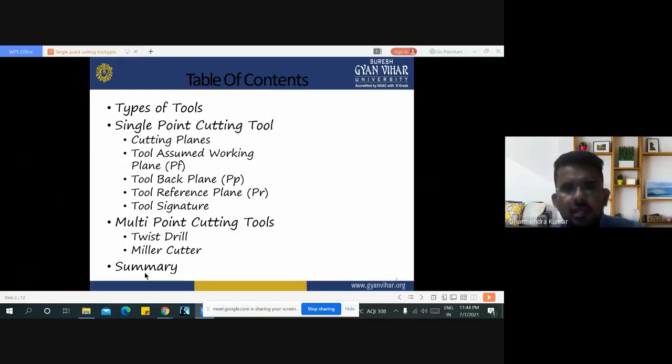In the single point cutting tool we will see the cutting plane, tool working plane, tool back plane, tool reference plane, and the tool signature. And in the second video we will discuss multi-point cutting tools like the twist drill and milling cutter. These two types of multi-point cutting tool we will discuss in another video.